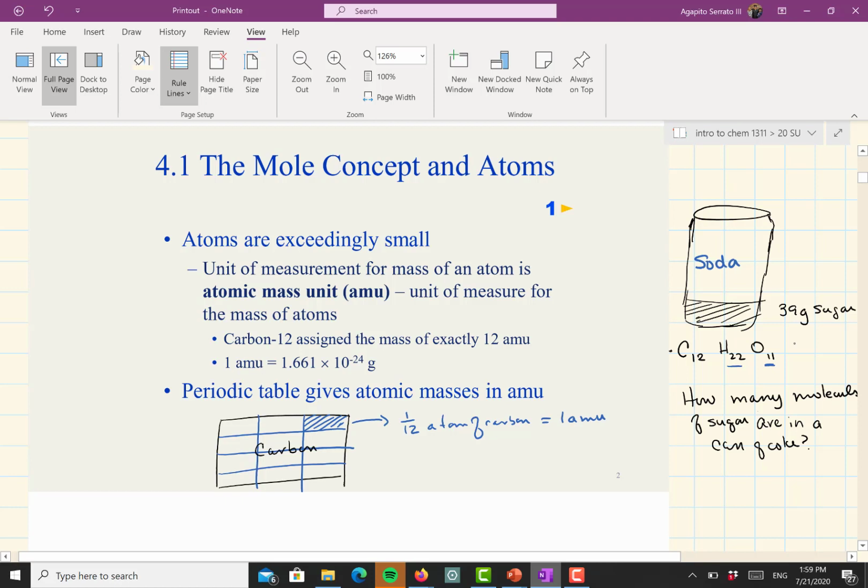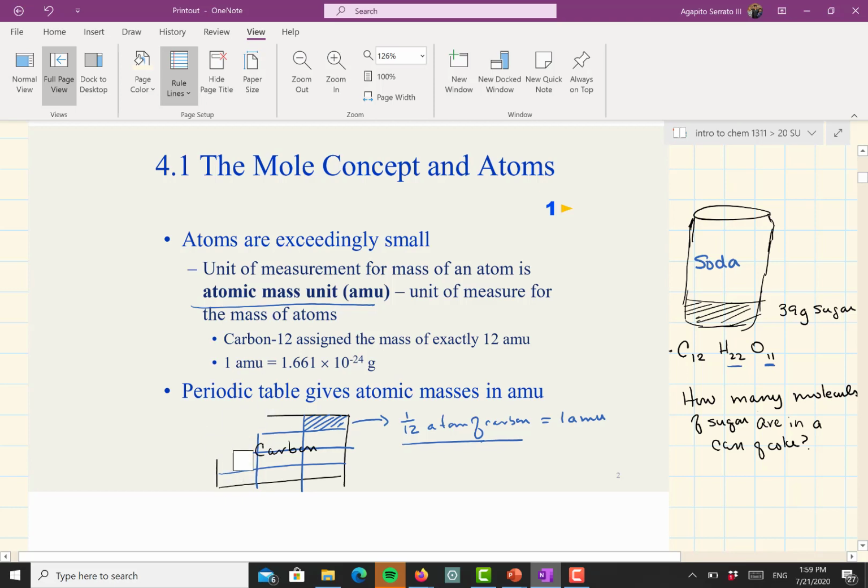Okay? So atoms are exceedingly small. They are used as a unit of measure, and that unit of measure is known as the atomic mass unit, or AMU. AMU is defined as being 1/12 of an atom of carbon. That's equal to 1 AMU. So what does that mean?